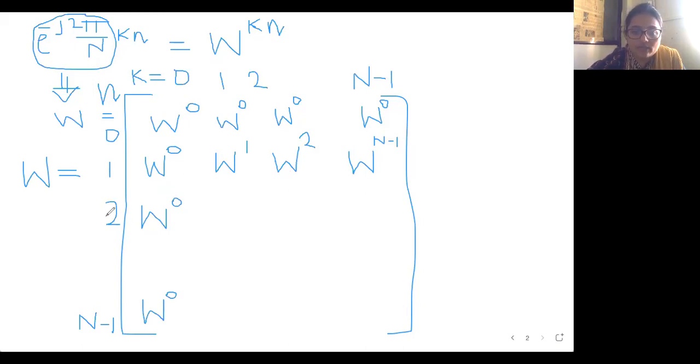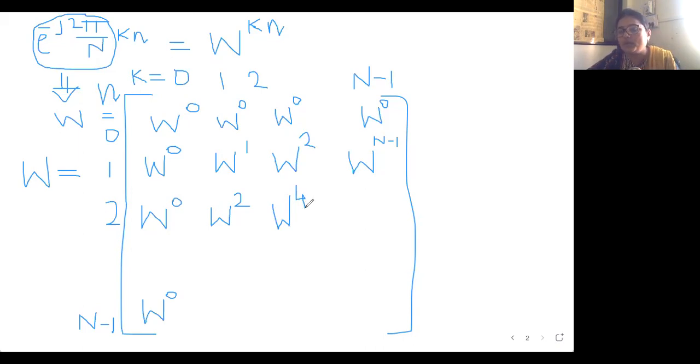Then next, the value of n is 2 and the value of k is 1. At this position, what am I getting? W raised to 2. At the next position, n is 2 and k is 2. This is going to be 2 multiplied by 2, so w raised to 4.